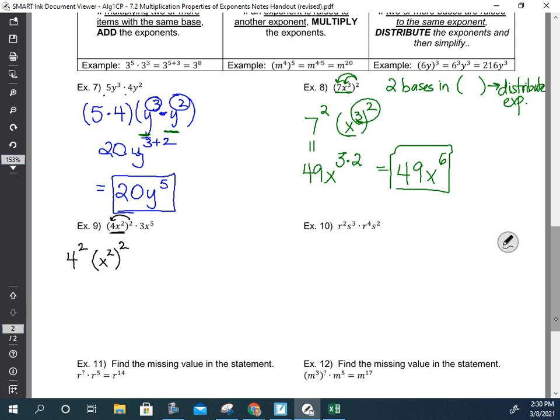Distribute the exponents. What's 4 to the second power? And what do we do with these two exponents?